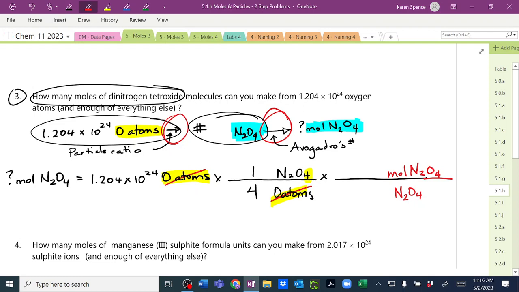The 6.02 times 10 to the 23 goes on the bottom. When in doubt, the 1 goes with the mole.